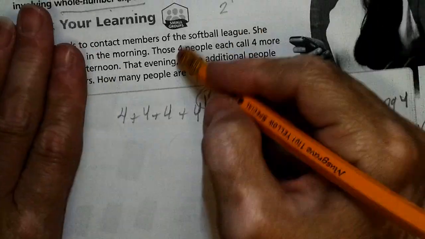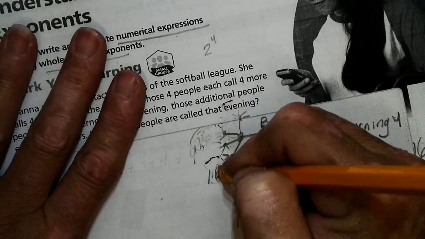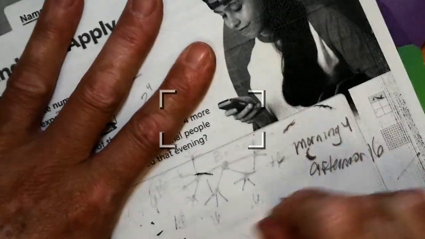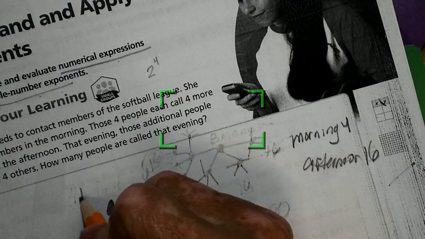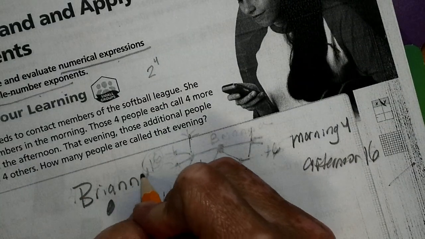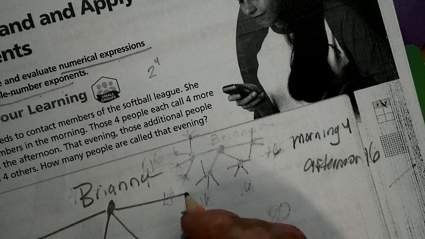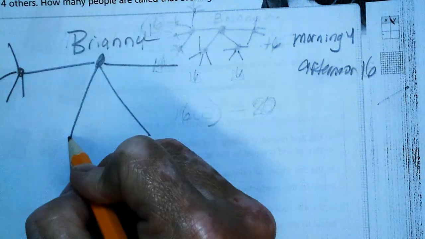I'm going to redraw these real quick, because I kind of crammed it all in one little location. So let me do up here. So Brianne. So 1, 2, 3, 4. Okay, so the morning was 4. And then from here we did 1, 2, 3, 4.